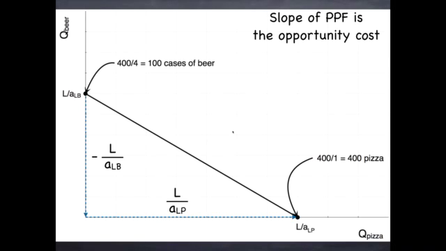So the slope of the PPF is just the rise over the run. So we have these two numbers here. We can use them. So we have the rise, which is a negative number. We're decreasing the amount of beer and then increasing the amount of pizza. So we have negative L over the unit labor requirement of beer, and that is divided by L divided by the labor requirement of pizza.